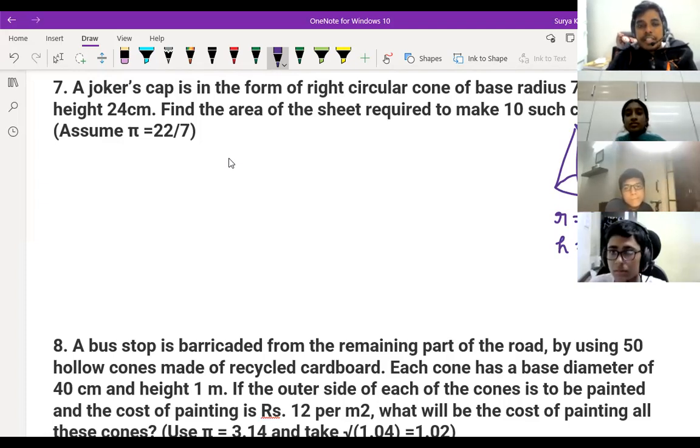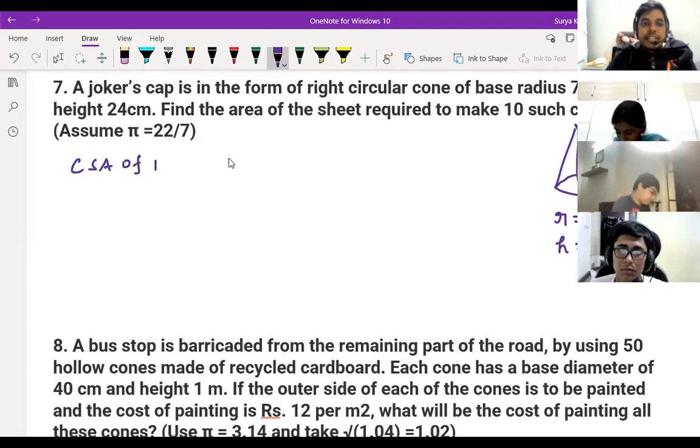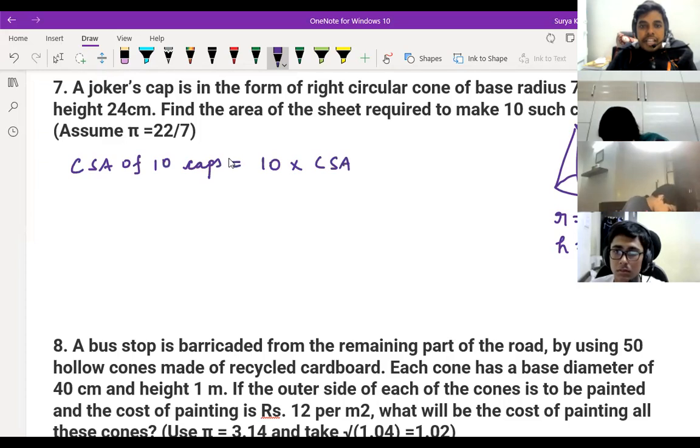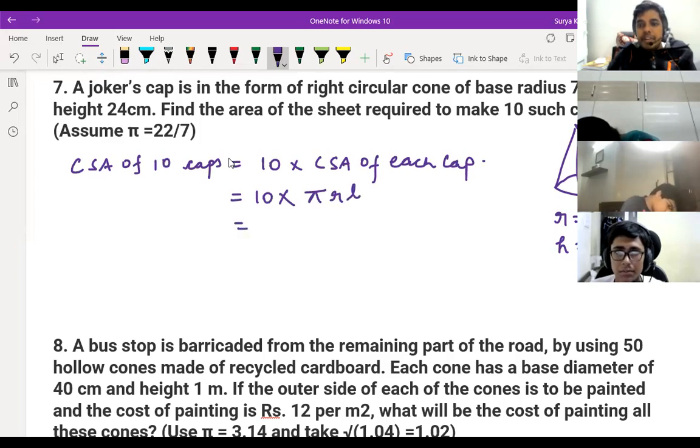So you should find CSA, children, right? If you write 10 caps, you can find the CSA of 10 caps, no problem. That is 10 into CSA of each cap. So you can write here 10 multiplied by CSA of each cap, which is pi r L. And L we don't know, we can find L like this: root of h square plus r square.